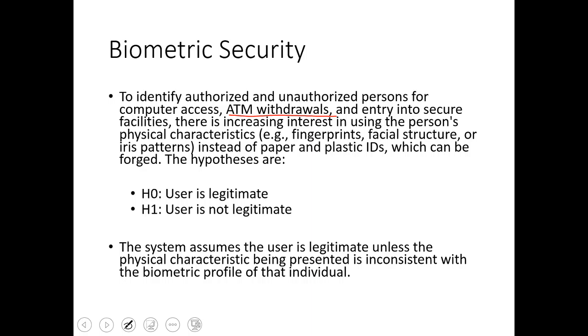So if you are authorized, so you are accepted by this automatic authorization machine, then you can use the phone or machine. Or if you are rejected, then you cannot use the machine. So in this case, there is a null hypothesis and an alternative hypothesis.